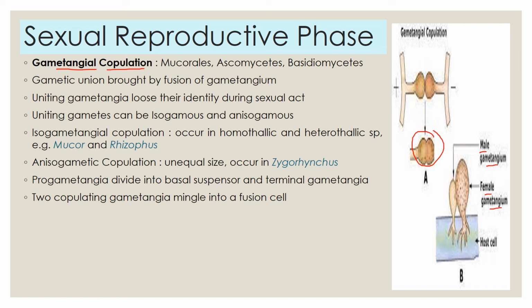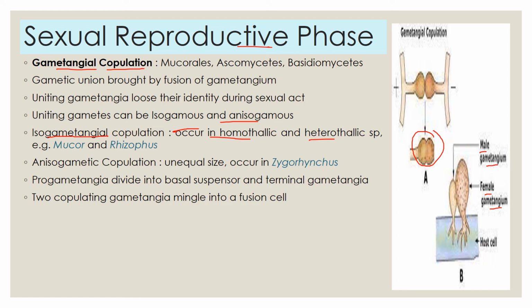And this gametangial copulation can be isogamous as well as anisogamous. So, in the isogamous gametangial copulation, it can be both homothallic or heterothallic. Homothallic means when the same hypha develops gametangia, and the gametangia fuse, they copulate within the same hypha.